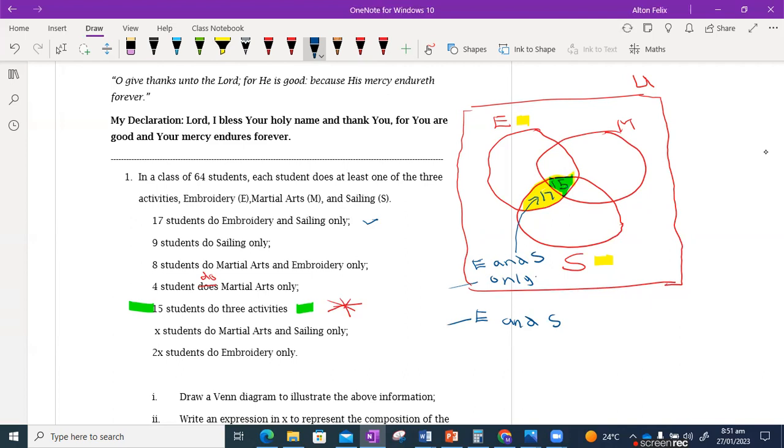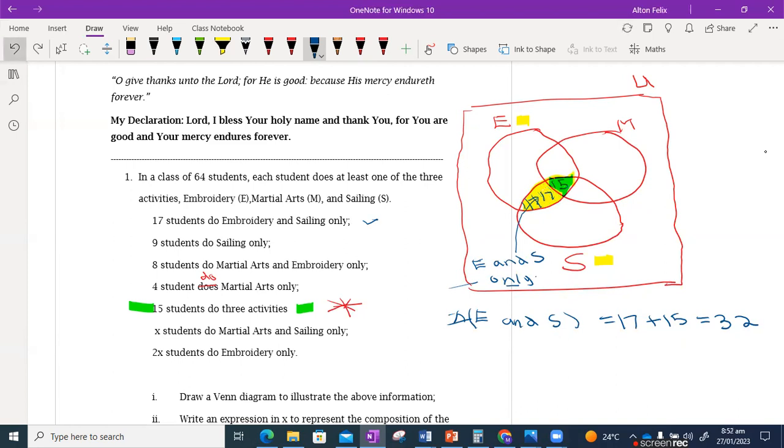So the number of students doing embroidery and sailing will be 17 plus that 15, which will give you 32. Right, so the difference with the word only is that you are looking at this region here, which will be where the 17 is written, and that will represent E and S only.